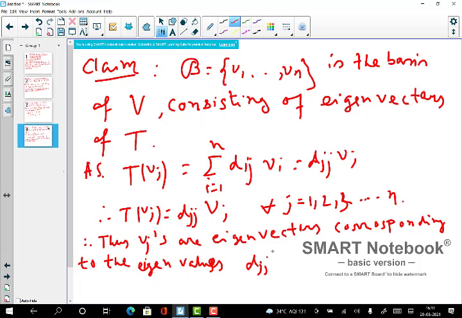Is that clear? So one part we have already proved, that 1 implies 2. Now we will prove that 2 implies 1.